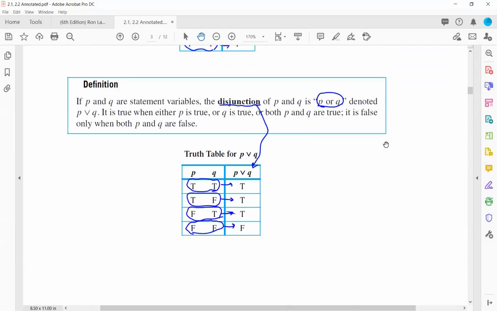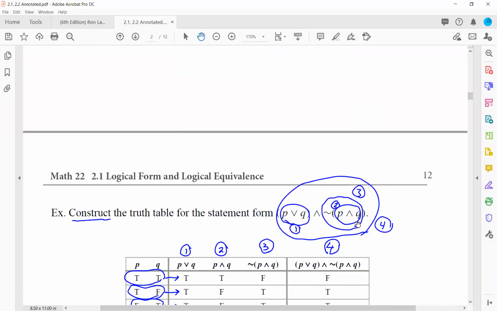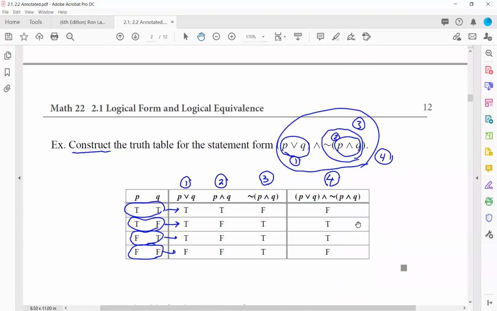Let's get back to the P or Q table, disjunction. That's how we define the truth table for the disjunction or operator. Next one, P and Q. True and true is true. True and false is false. False and true, false. False and false is false.